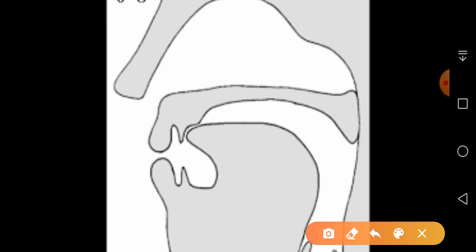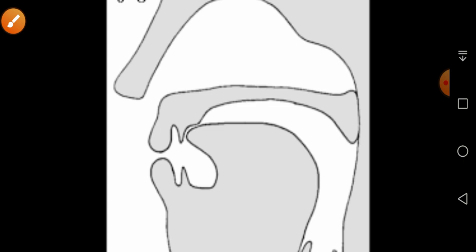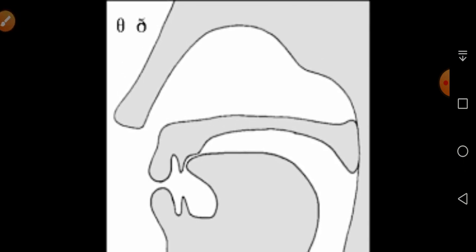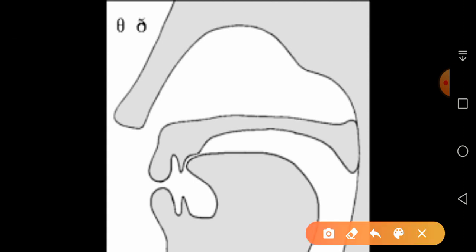Native speakers try to produce these two sounds by bringing the tip of the tongue between the teeth. These are our lips, teeth, and the tongue is brought somewhere here, between the upper teeth and lower teeth.